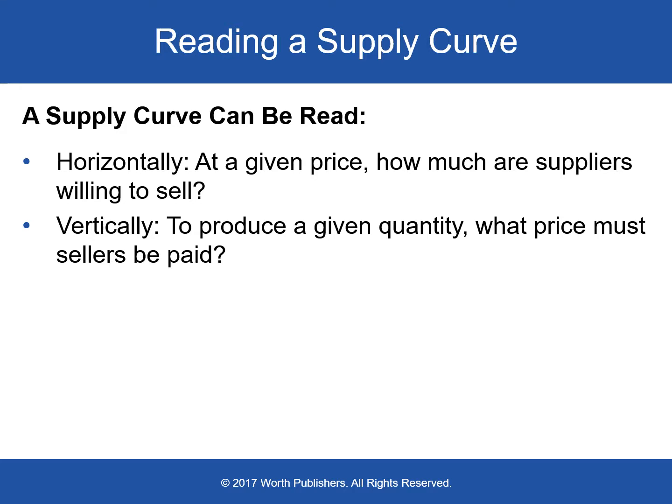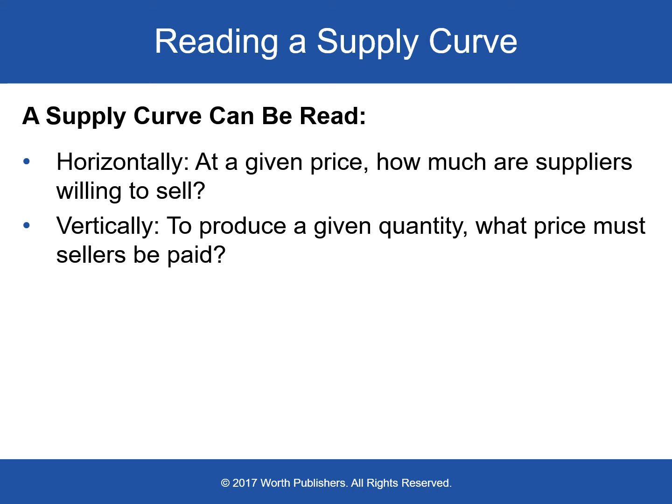Now, just like for the demand curve, you can read the diagram in two different ways. At any point, for any given demand curve, we could move horizontally and say at a given price, how much are suppliers willing to sell? So the idea is a supply curve is defined by quoting a price and then answering the question, how much are suppliers willing to sell?